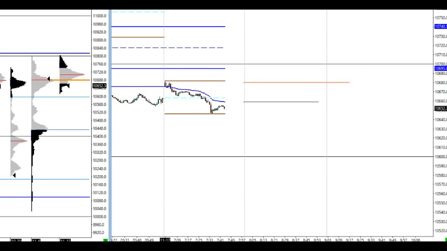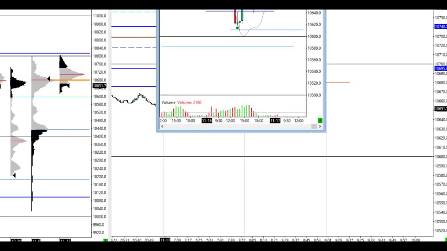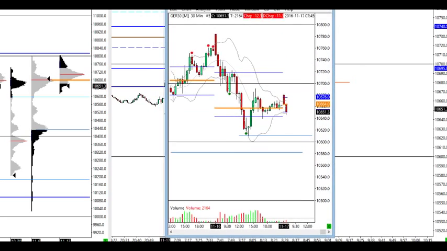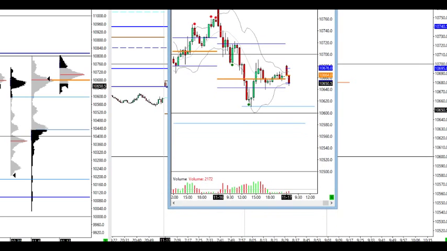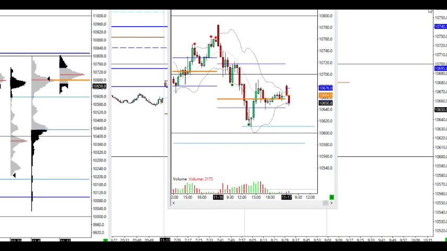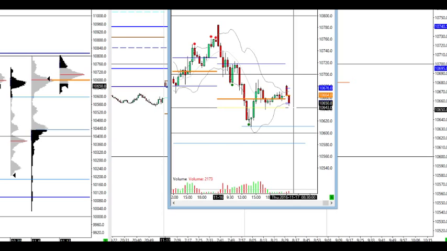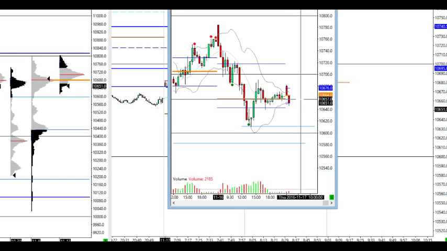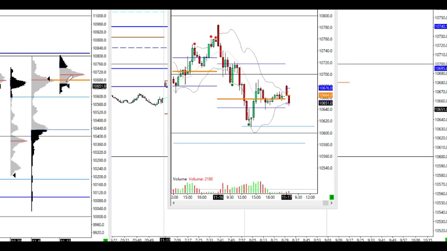Okay, hello everyone. So let's see where we are now. We basically opened gapped higher a little bit here, now testing yesterday's point of control. The question today is if we're going to hold this 643's area, value area of yesterday low, and generally if we hold below 660's, yesterday's point of control, and previous week point of control 680's.